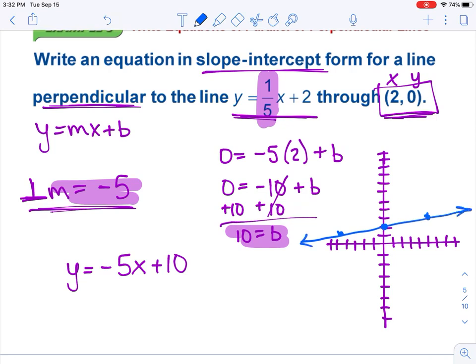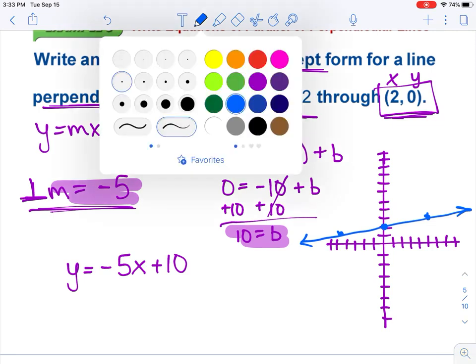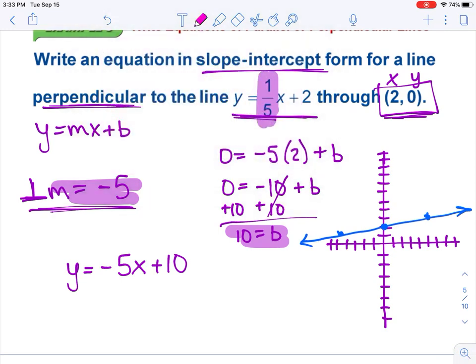Now my new line must be perpendicular to that through 2, 0. So let's check to see if this works. So my perpendicular line starts at plus 10. I have -5, so come down 5 and then go to the right 1. Then I'll do that again, come down 5. I think I must have 11 points.